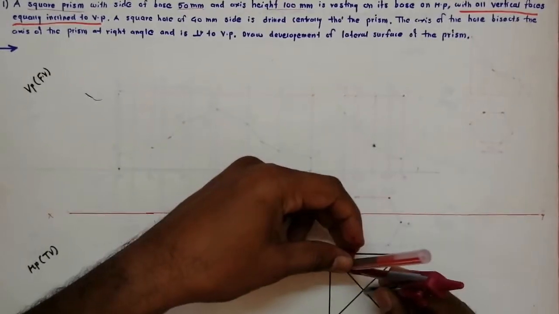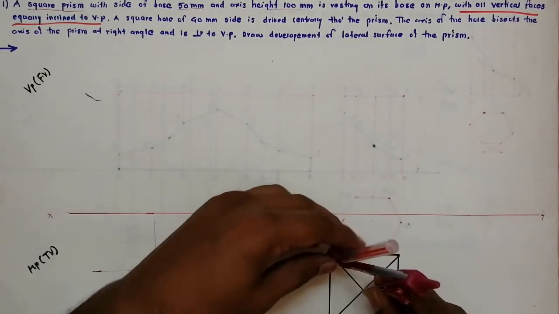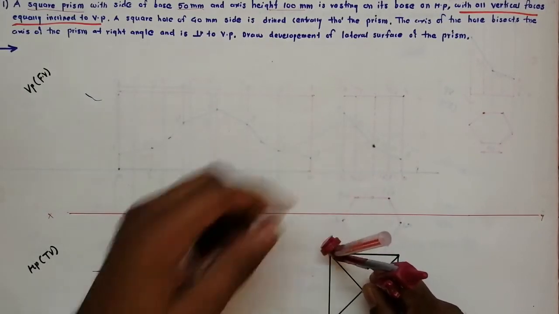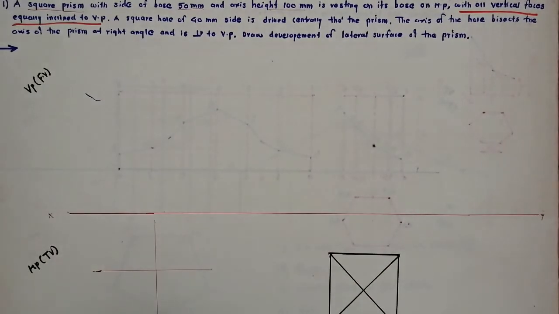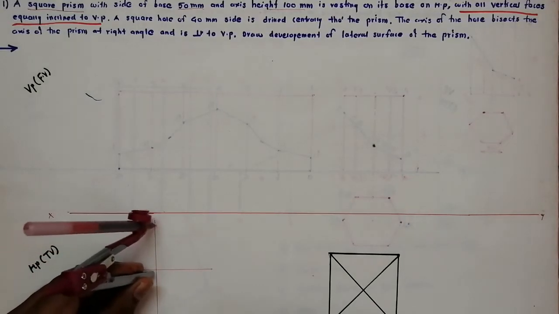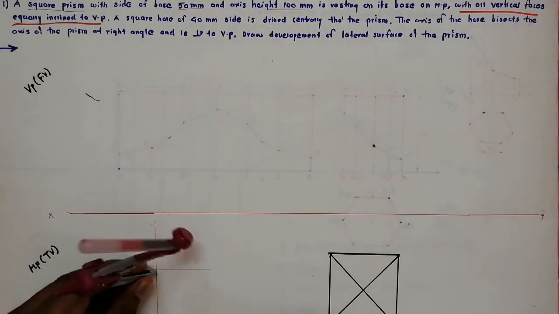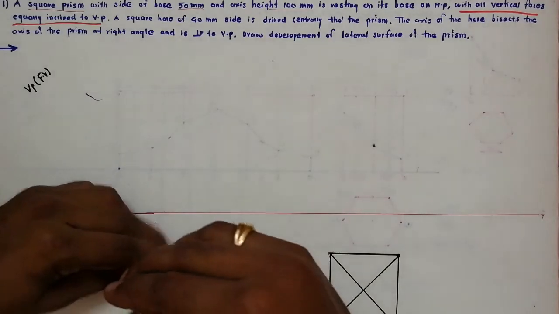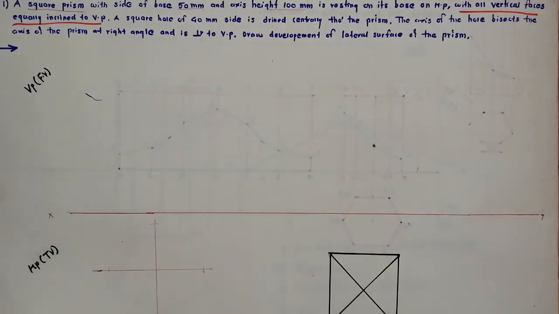So this distance, half diagonal distance in compass, like this. And then mark it here, here, here, and here. So half diagonal distance we have taken.